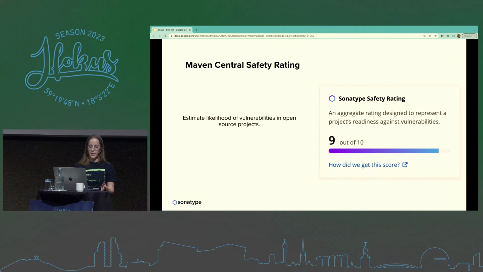So this score is intended to predict the likelihood of future vulnerabilities, which is a really hard thing to predict, but they figured out a way to try to do that.